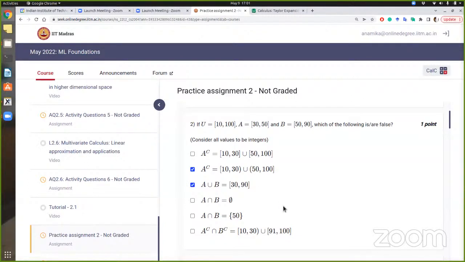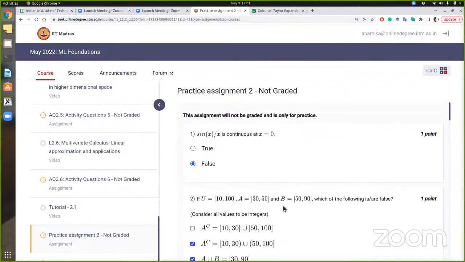Ma'am, I have just one small doubt in the earlier first question. Yes. This sin x by x at x equal to 0. The linear approximation says sin x is approximately x around that point, so sin x by x is approximately 1.